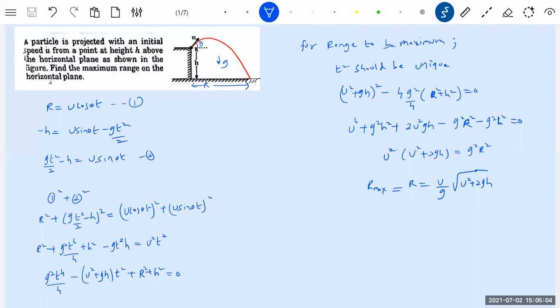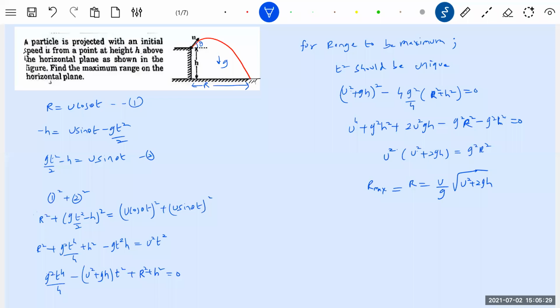Time of flight, yes. If it can have more time of flight, then the range will be maximum, because u cos theta is a fixed value here. So, sir, then why should t square be unique? Because the range means it should be only one value, no? Maximum value will be only one, no, sir. Okay.